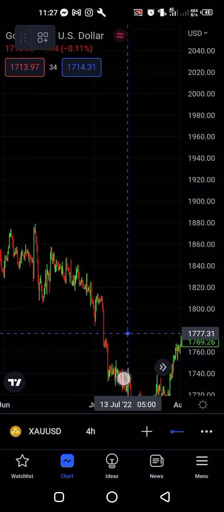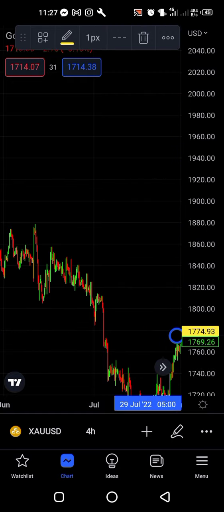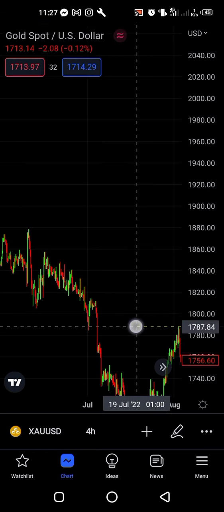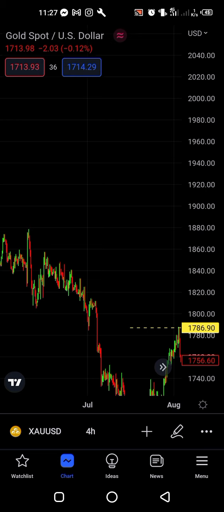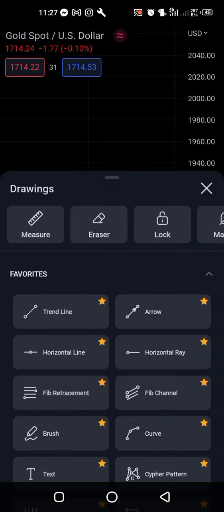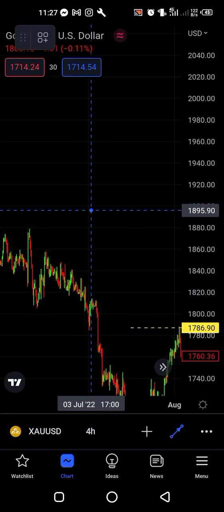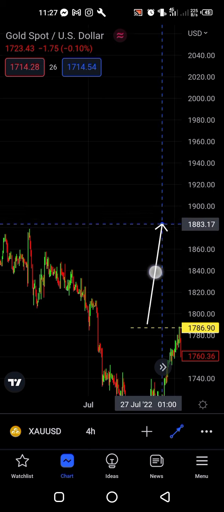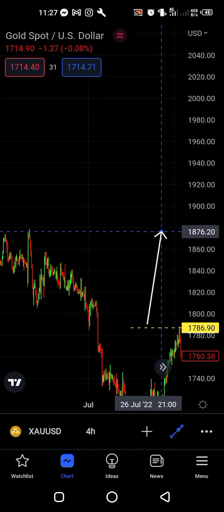Let's say price was here, and then you're in a trade, you've entered your trade here, but you predict that price is going to go from here all the way to this point. What you do is you can place your take profit at 1876.20. So when price gets there, it takes you out in that profit.